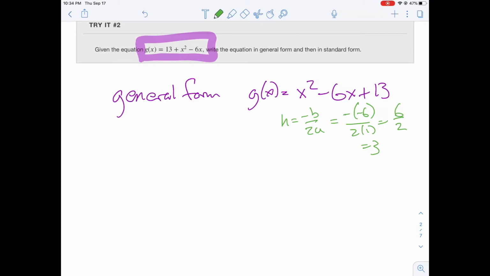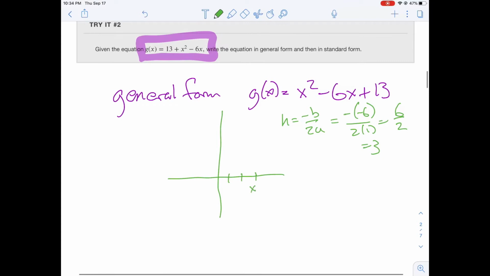And if you plug 3 into the formula, you get the height, but just quickly you can see that the vertex of this parabola is at x equals 3, and that's where the axis of symmetry is.